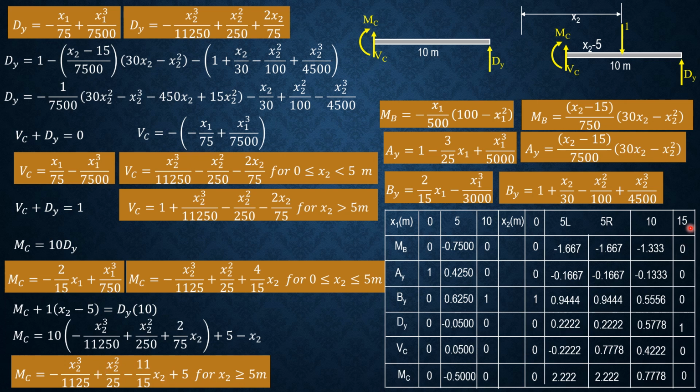And when x2 is 15, of course, everything will be 0 except DY. The unit load is over support D, so naturally DY would be 1. And for x1 equals 10, also x2 equals 0, they are the same. The unit load is over support B, so that's why BY is 1, and the rest of the response functions would be 0.